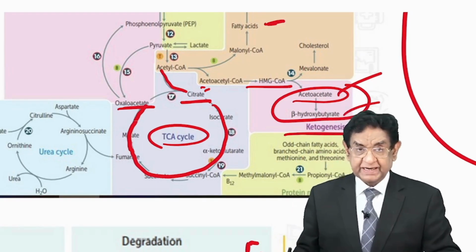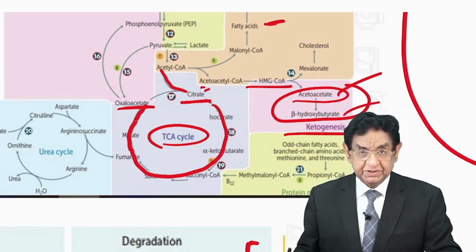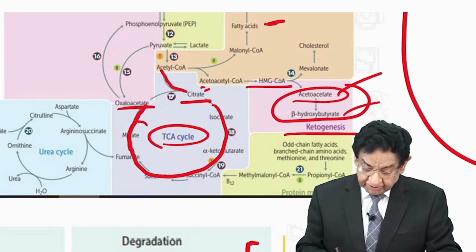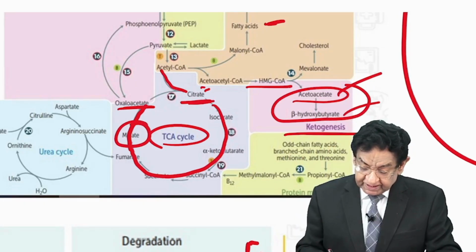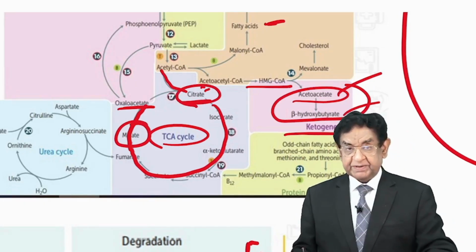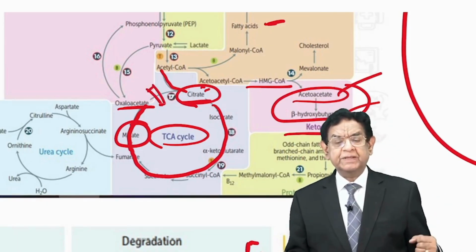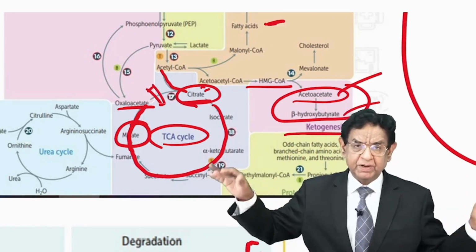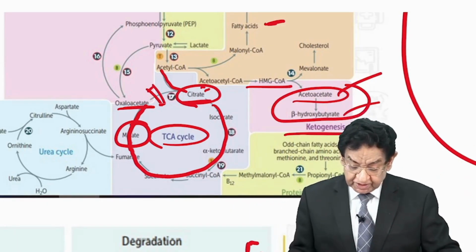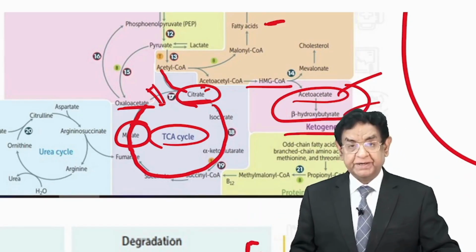This is not getting metabolized. So definitely a large amount of malate will be there. A large amount of citrate will be there. Simply the route is blocked here. Route is blocked, and that means everything is blocked.